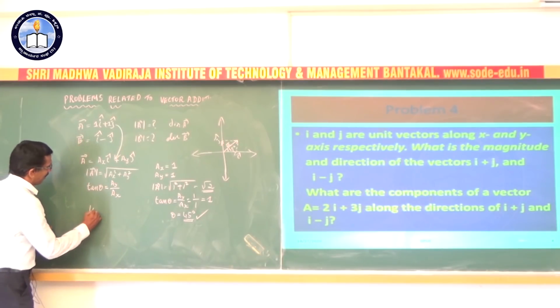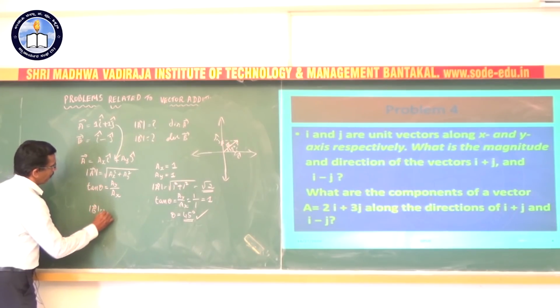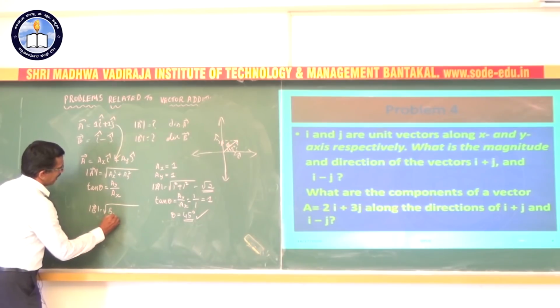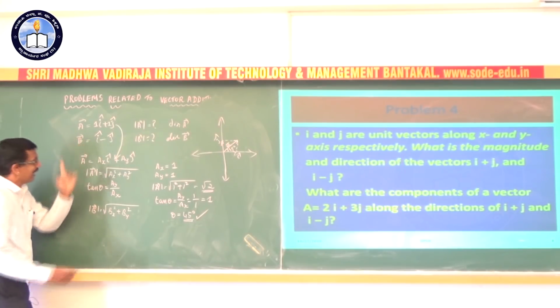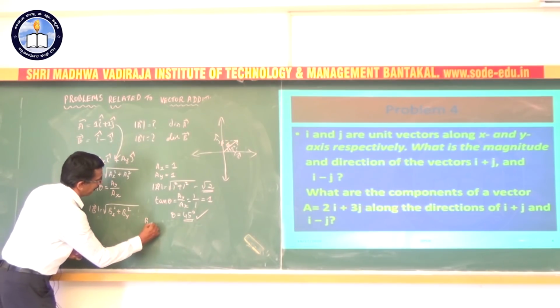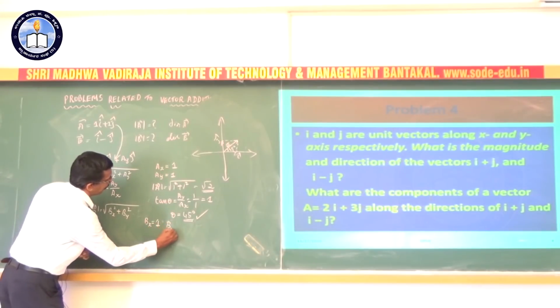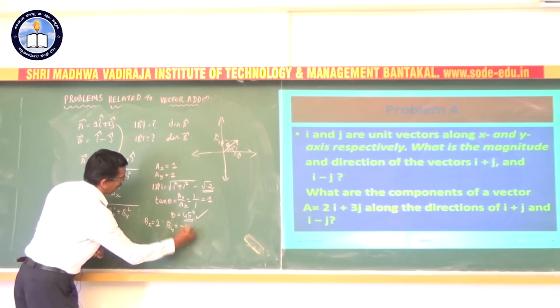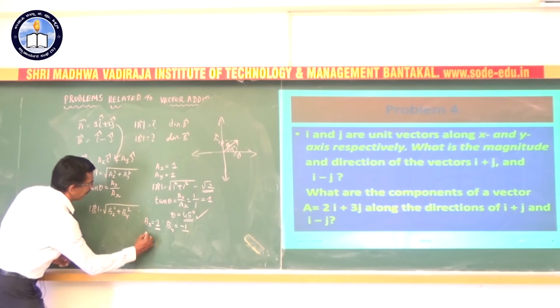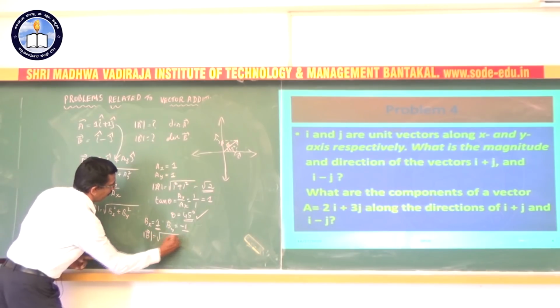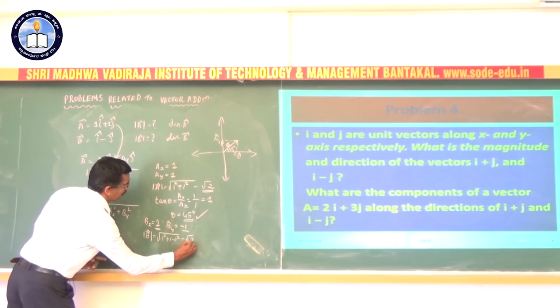Similarly, work out for the second. What is the magnitude of B? The formula is the same, Bx square plus By square. Here keep in mind Bx is 1, but By is minus 1. So the magnitude of vector B becomes square root of 1 square plus minus 1 square, that is root 2.